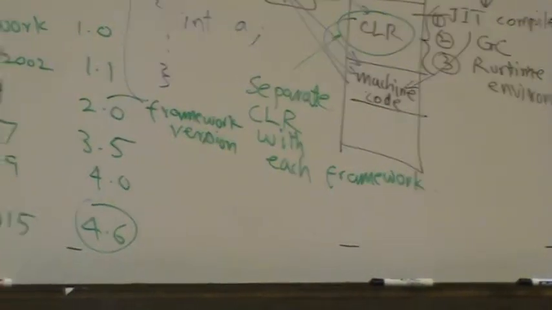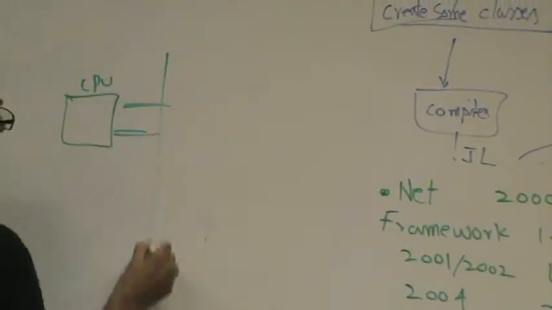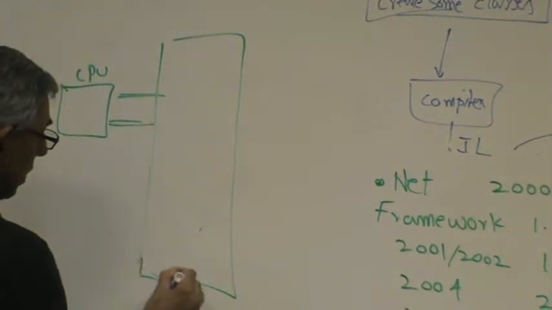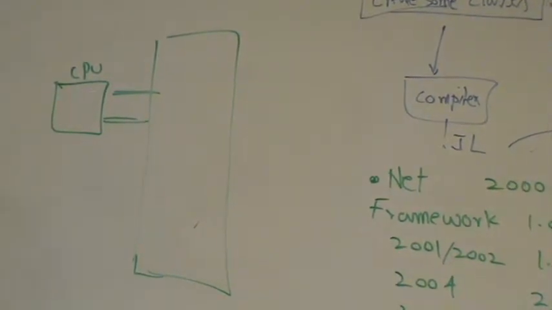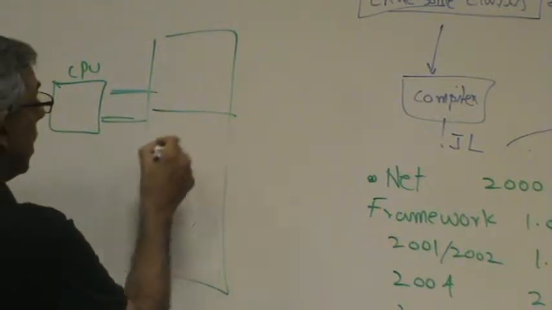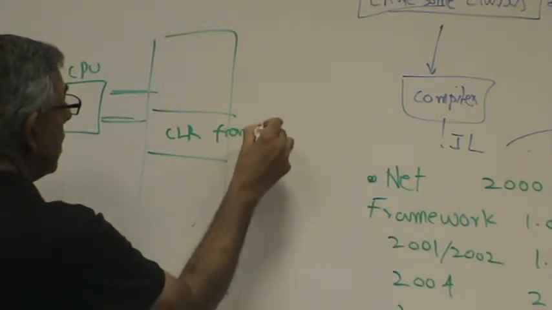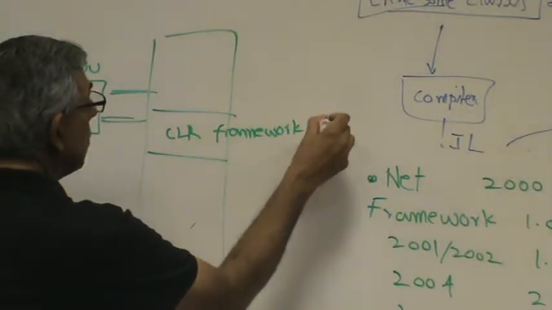One of the nice things about the .NET environment as compared to Java, even though they've now included it in Java, is that multiple CLRs can exist in the memory at the same time. So there could be a CLR for framework 2.0 as an example.